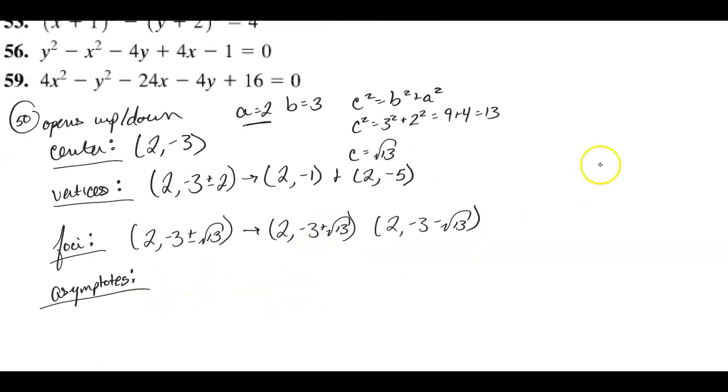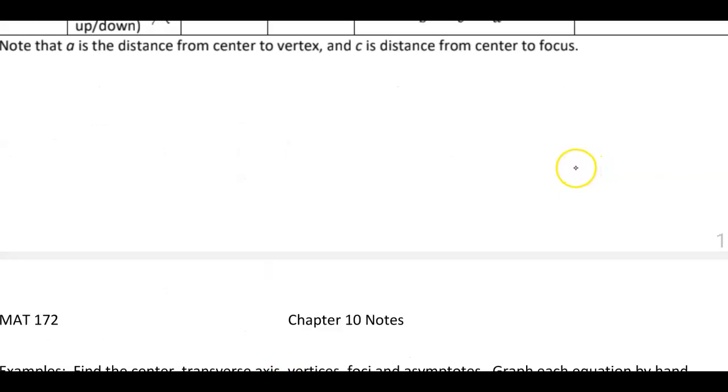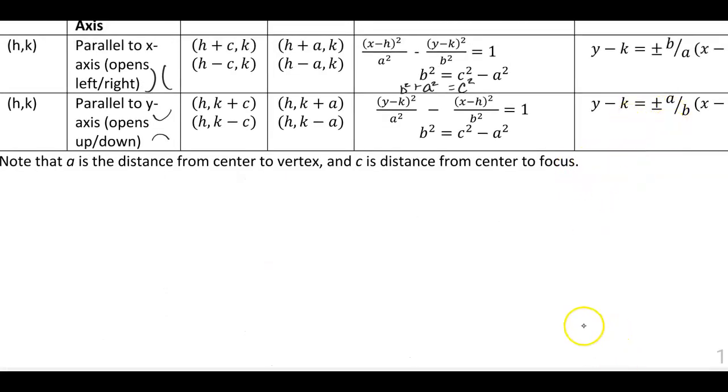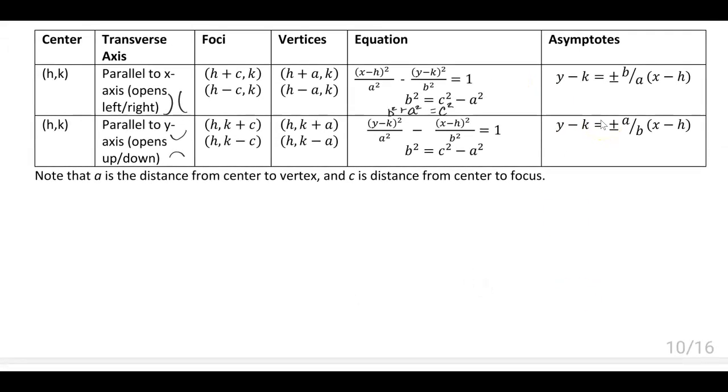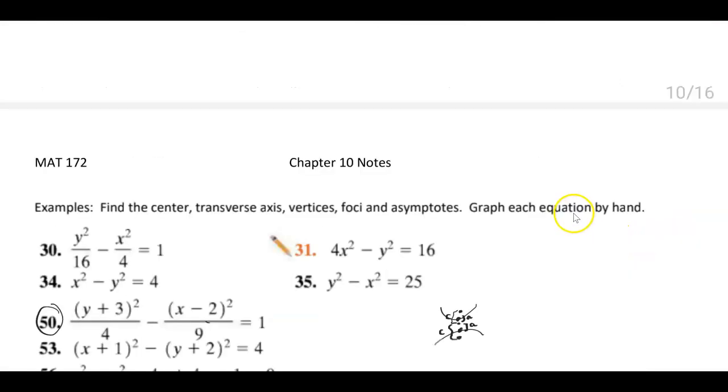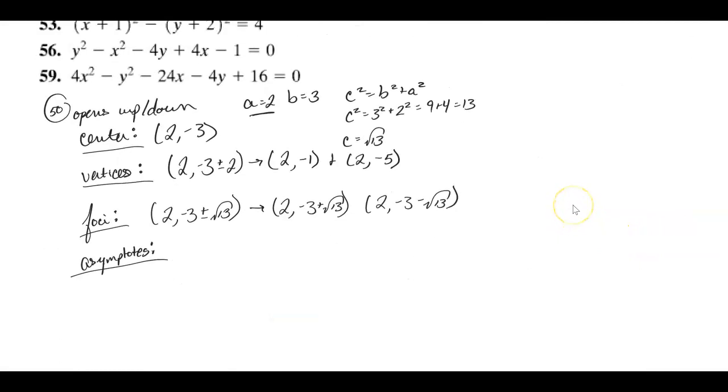Okay, now let's look at asymptotes. So if we want to find the asymptotes for this guy, we can use this form right here. Y minus k equals plus or minus a over b times x minus h. And we have all the pieces to do that. So h and k is coming from the center.